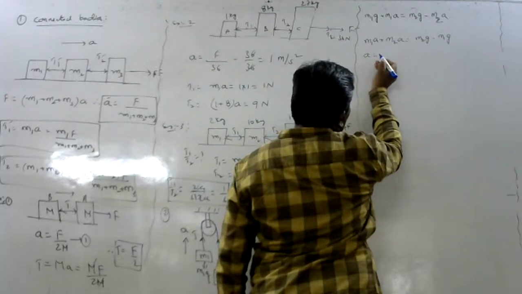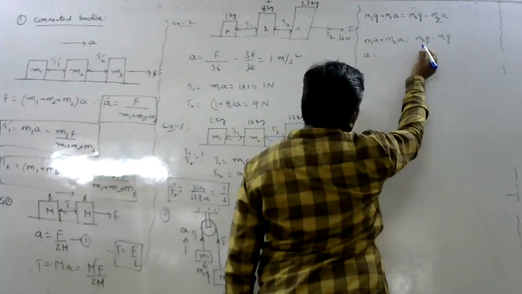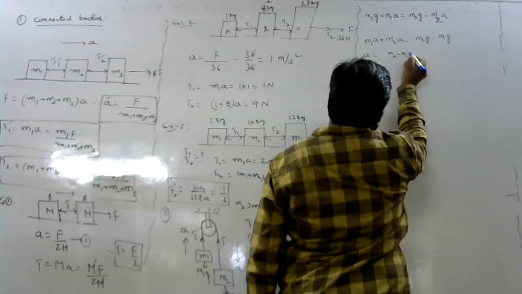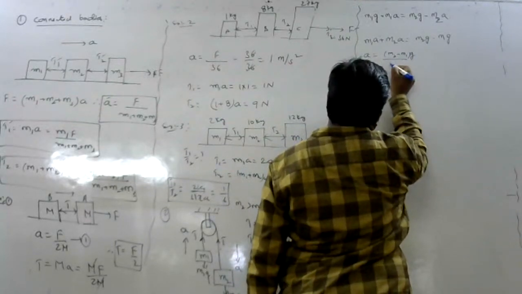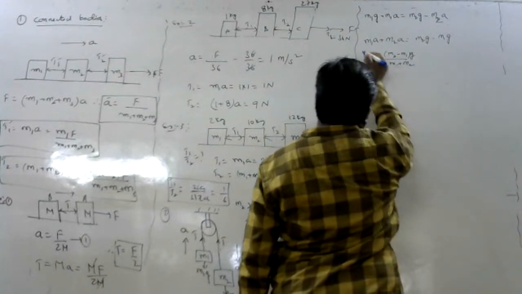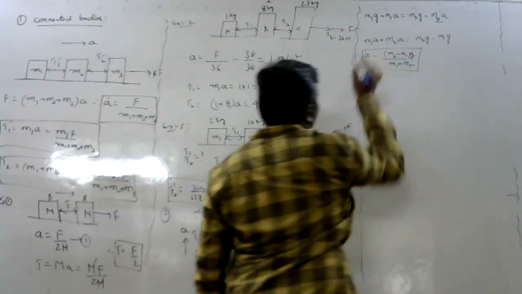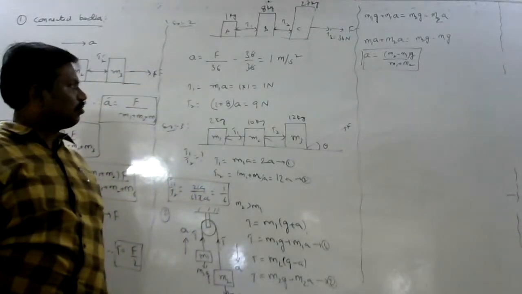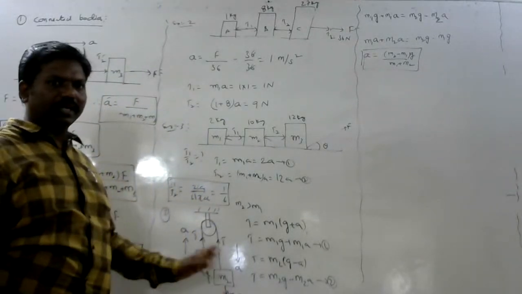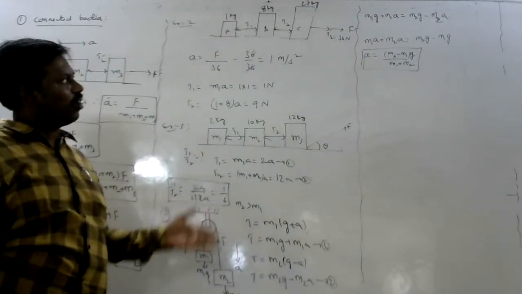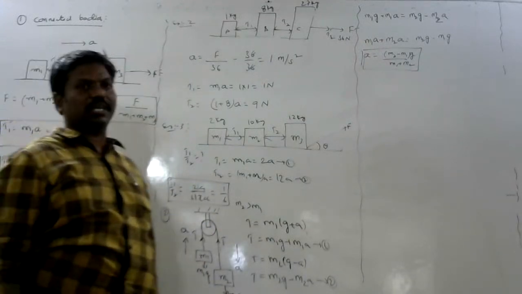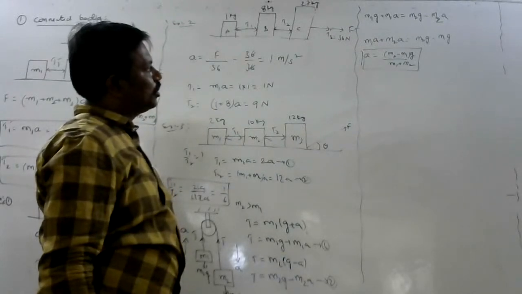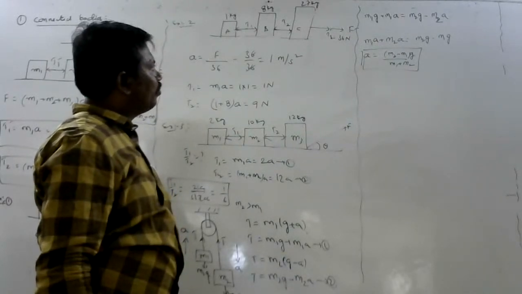Here a will be common, so m1 plus m2. Here g will be common, m2 minus m1 into g by m1 plus m2. So acceleration of each block a is equal to m2 minus m1 by m1 plus m2 into g.